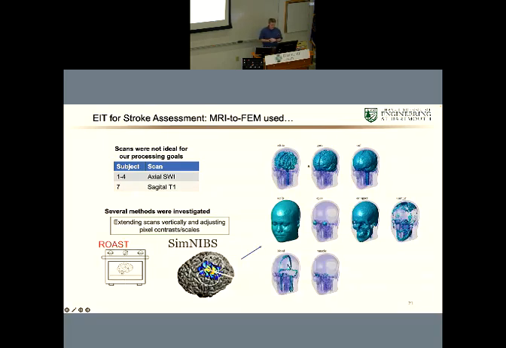We get a full finite element mesh, separating out the white, gray, CSF, the skull between spongy and compact layers, and also eyes, blood, and some muscle. So, great solution by a group. I'm going to forget the name, but the Paralab at a New York City university that made the synapse.